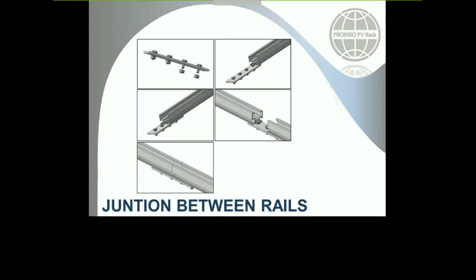So if you are going to have 16 meters, you should separate 2 rails at 8 meters and 2 rails another 8 meters, and we put a distance, usually it's like 5 centimeters, it's not so much, okay, but it's enough to avoid any interference if the aluminum expands, okay.